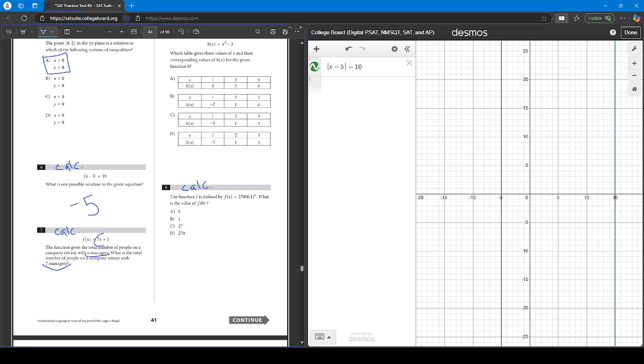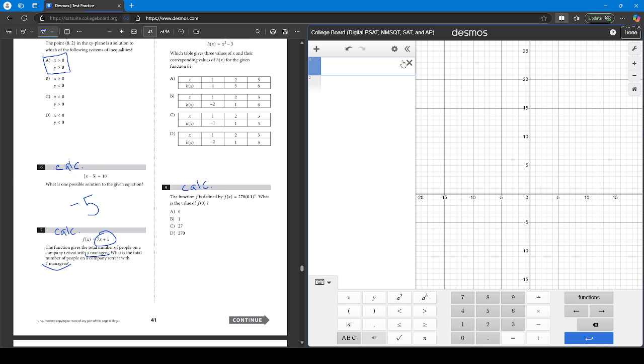So we're just going to take this and put in a 7 for the x. And just like we always do when we're putting this in the calculator, I put my variable in parentheses so that I can easily see that I'm going to change that x to a 7, and my answer is 50, which is correct.